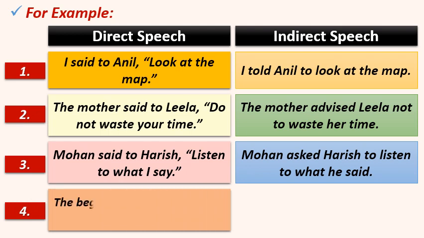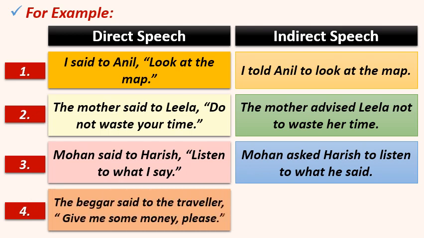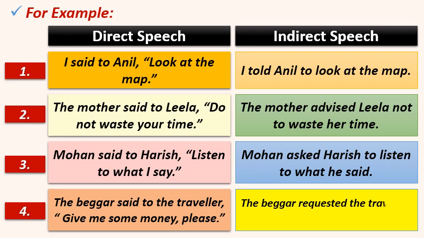Number fourth is, the beggar asked the traveler, "Give me some money, please." If you are getting please or kindly in the sentence, then you have to remove it. No need to use it in the indirect speech. So the final result will be, the beggar requested the traveler to give him some money.